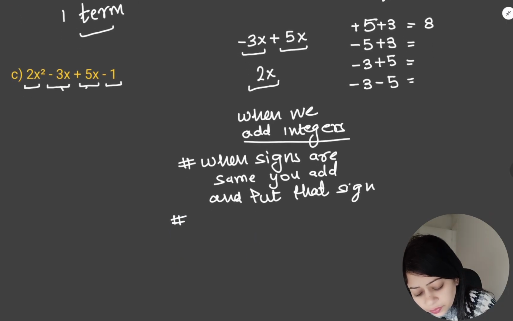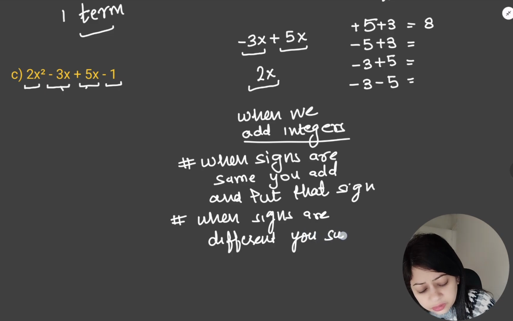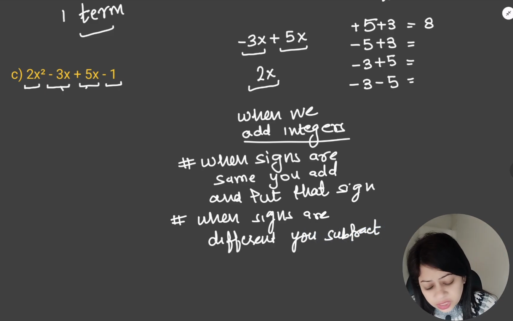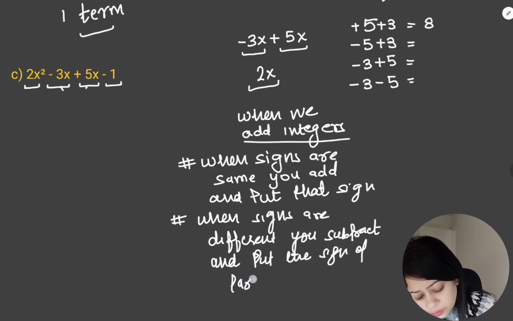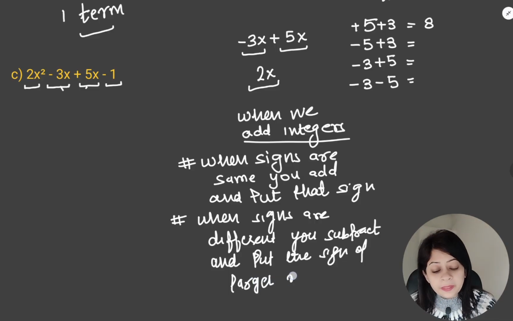Second rule is when signs are different, you subtract, okay, and put the sign of the larger number. How? Here signs are same, plus 5 plus 3, so you added and wrote their sign only, plus 8.